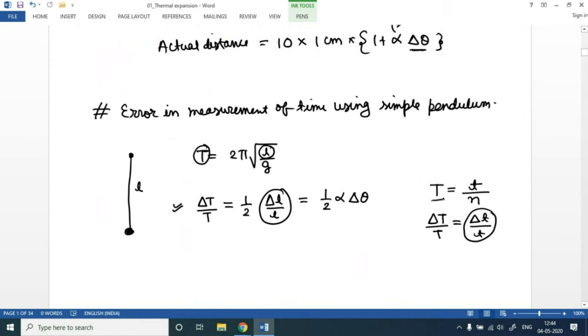Okay, capital T is the time period, small t is the total time over here. So you can also write delta T by T equal to delta t by t, and that will be equal to half alpha delta theta.